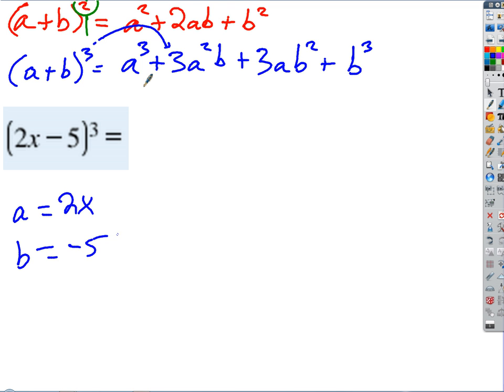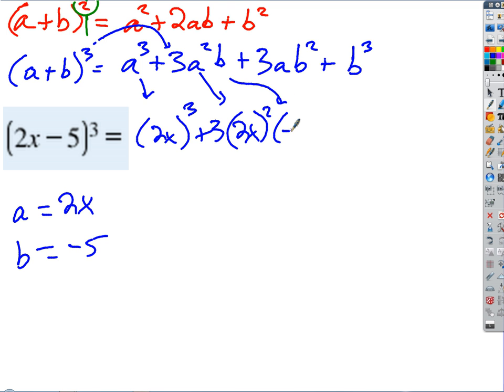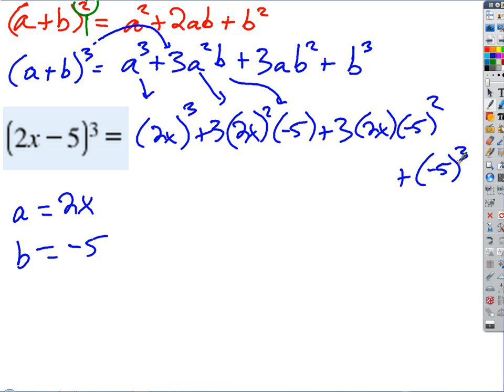So A cubed is just going to become 2x cubed. A squared becomes 2x squared, B becomes negative 5. Plus 2x to the 1, negative 5 squared. Plus the last term would be negative 5 cubed. And all we have to do then is just simplify that.